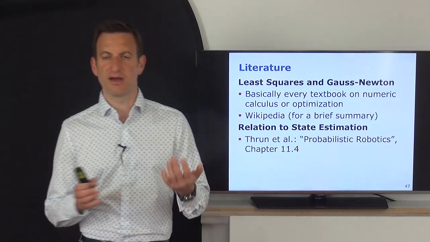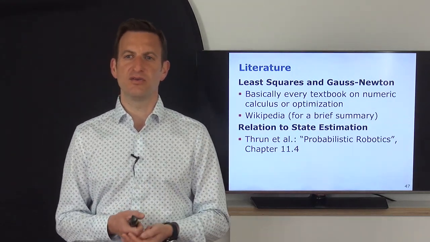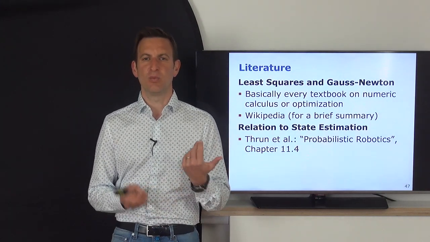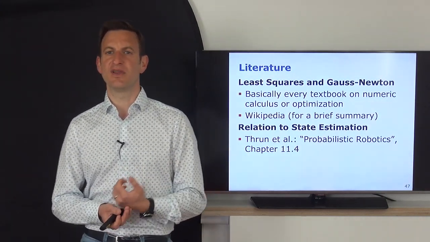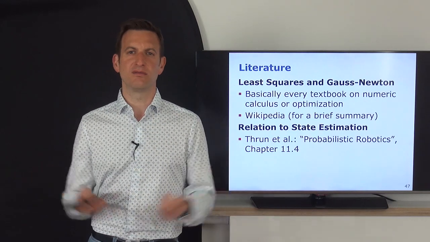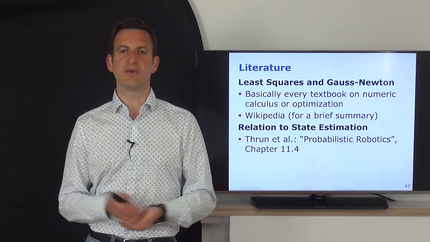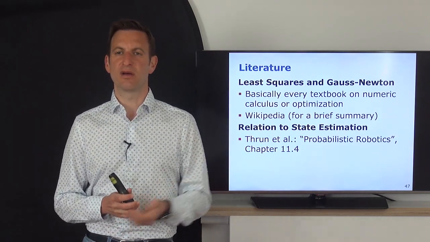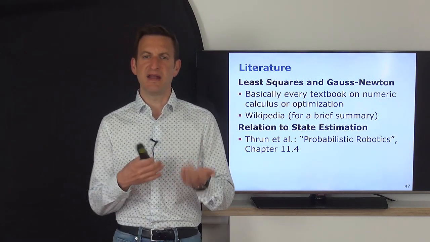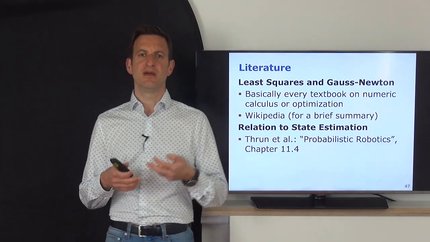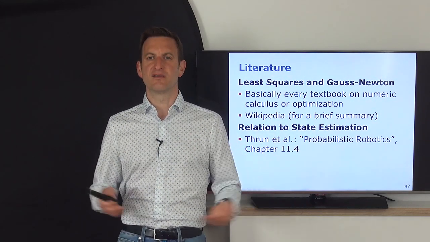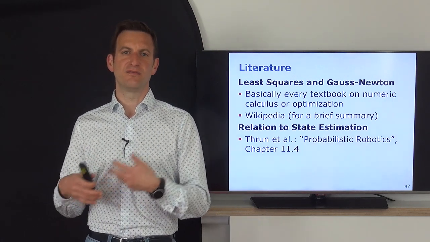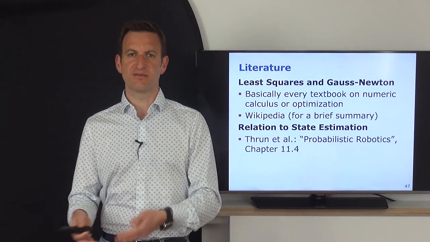In terms of general least squares and Gauss-Newton, basically every textbook on numeric calculus or optimization will cover least squares to some degree. Even open resources like Wikipedia, you can have a look at if you want to dive a bit more into details. And depending on the community you're coming from, there is a large zoo of literature on least squares using different formalisms and different notations.